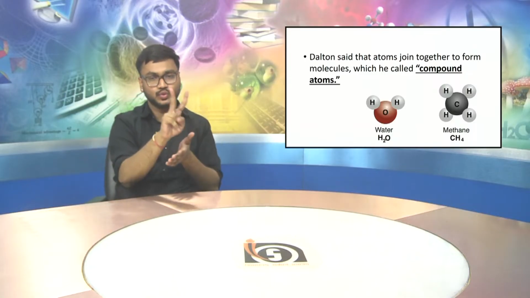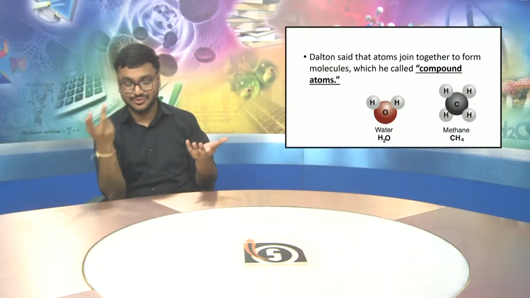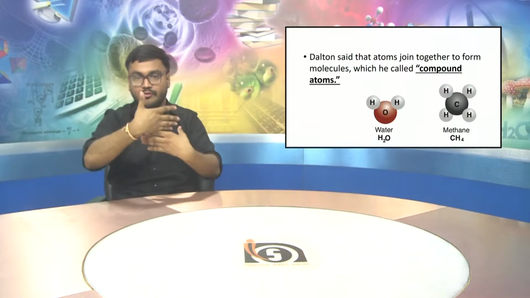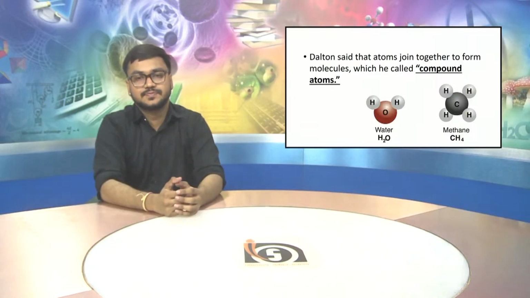For example, you can see on the screen there are two compound atoms. First is H2O, which is water, and second is methane, which is CH4.